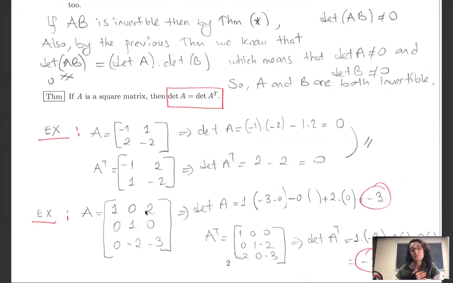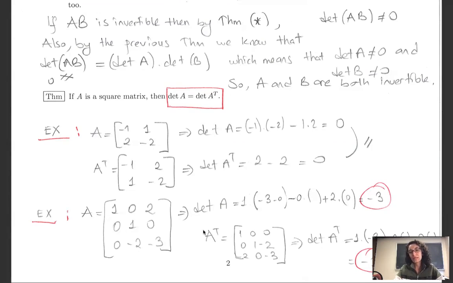Actually, to be honest, I am using the first row because it's always standard. I'm just using the plus minus plus pattern here, and I'm writing 1 times the determinant of this submatrix, which will be this, then minus 0 times, I don't care about this part because this is already 0, and then plus 2 times the determinant of this matrix, which is also 0, and the determinant is -3.